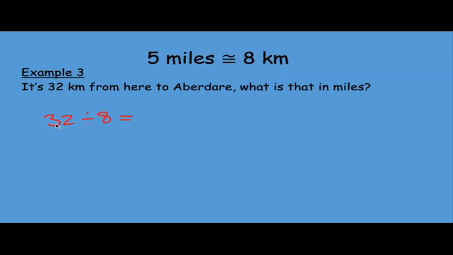I know that 32 divided by 8 is 4. Then I'm going to say 4 multiplied by 5 now. We're going from kilometers to miles. 4 times 5 is 20. So I can say that that is 20 miles.